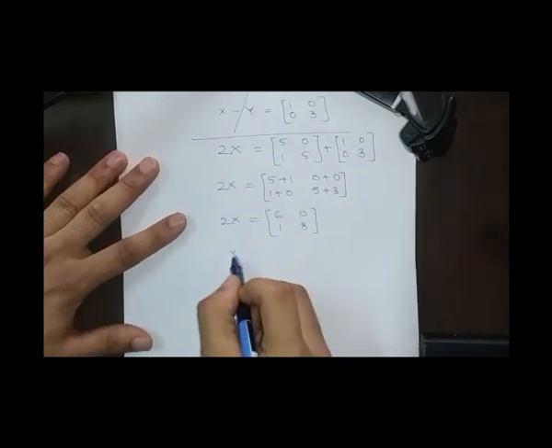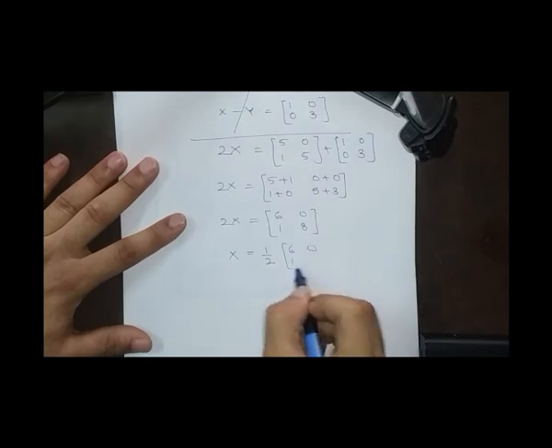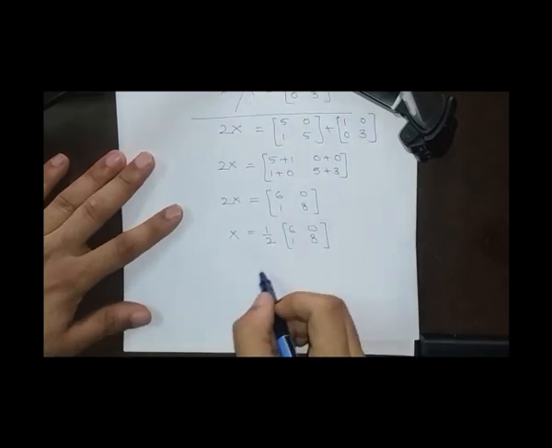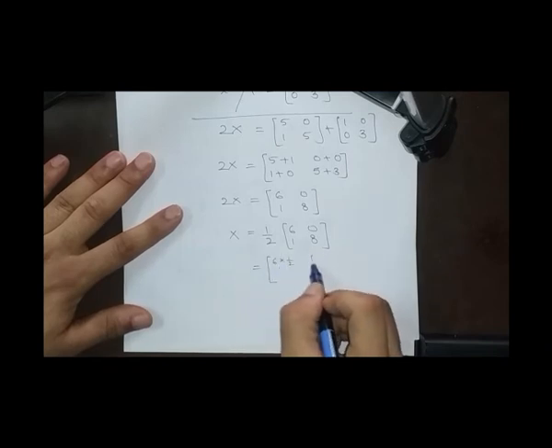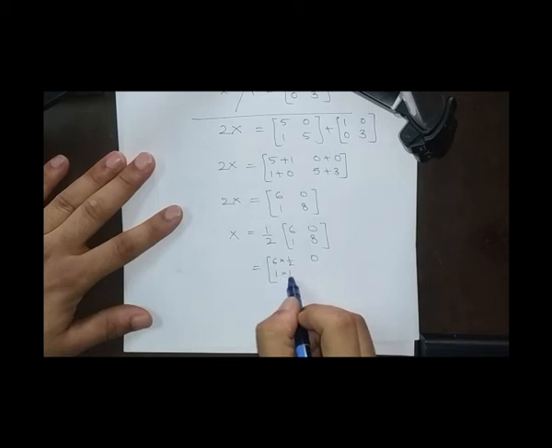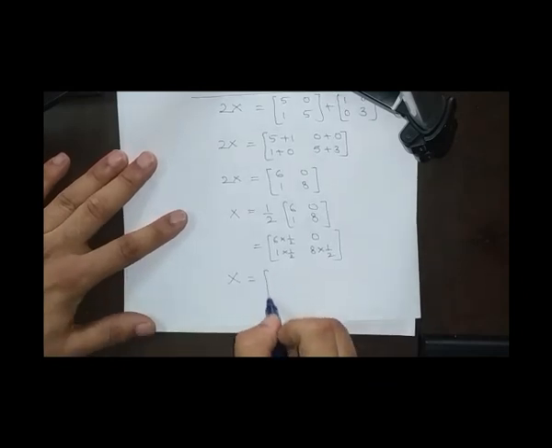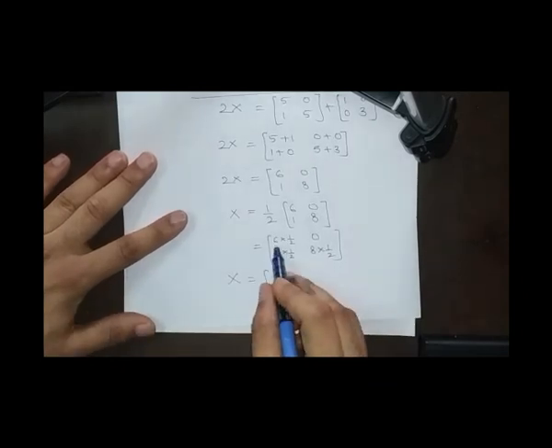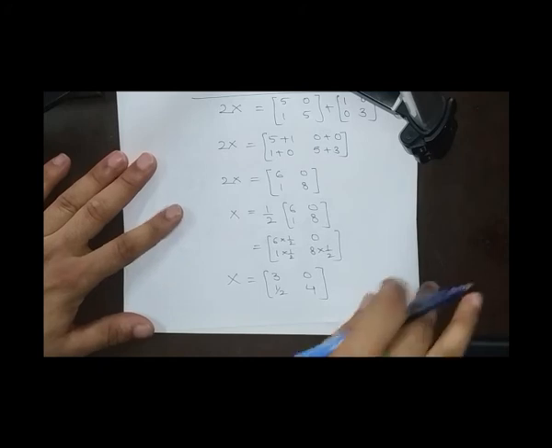Now x is equal to 1 by 2 into 6018, and it becomes 6 into half, 0, 1 into half, 8 into half. We got the x: 6 into half is 3, 0, half, 4. Now we'll find y.